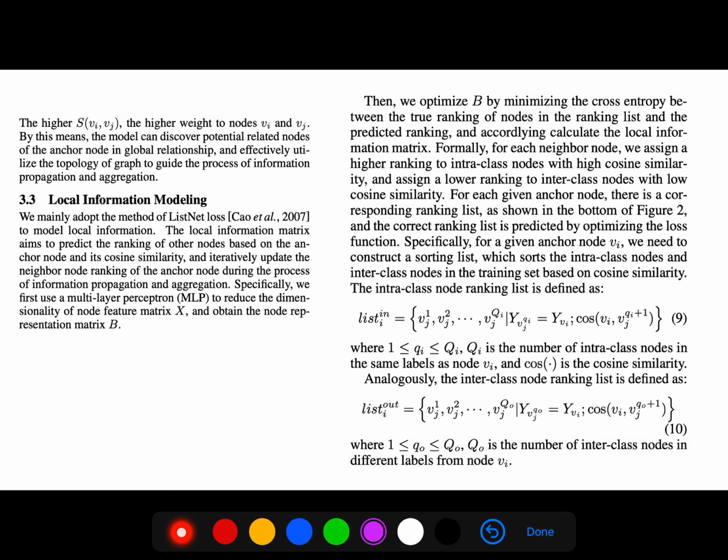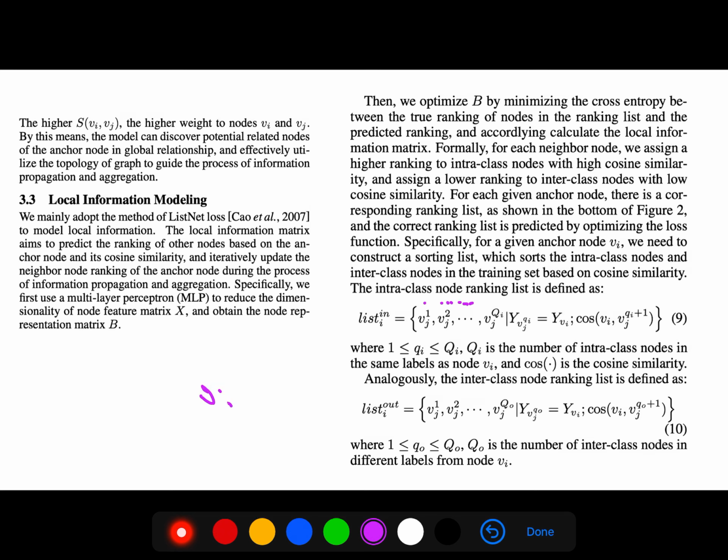For a given anchor node V sub I, we need to construct a sorting list which sorts the intra-class nodes and inter-class nodes in the training set based on cosine similarity. So the intra-class node ranking list is defined like this.